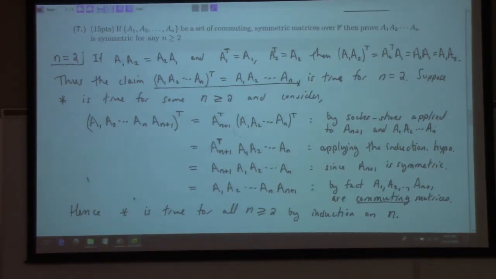Now, some of you, and I couldn't fault you, found a way around doing induction here, because you just quoted the sock-shoes rule for n matrices. And if you know the sock-shoes rule for n matrices, you don't need induction, because it follows from direct calculation with the n-fold sock-shoes rule. This, of course, was not my intention. What I wanted from this problem was an induction proof from you.